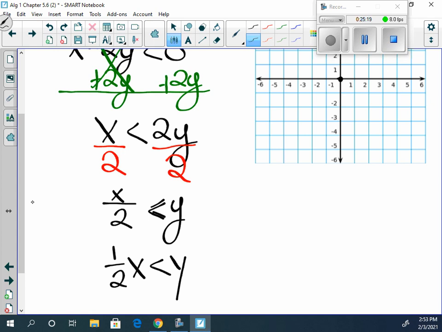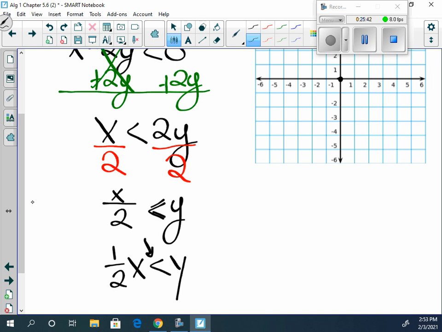Mm-hmm. It would go up 1 and over 2. Right. If it's 1/2 x is less than y, wouldn't that go down though? Well, the less than is just telling us kind of which way to shade. Since the slope is still what? Slope is positive or negative? Positive, we're still going up.